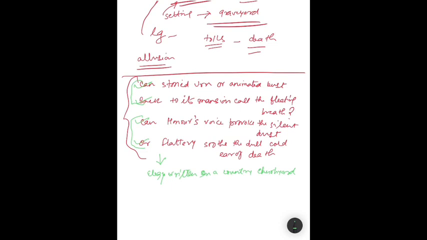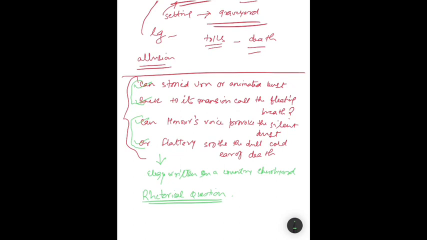In the first two lines and the last two lines, we have a device which is called rhetorical question. It's a figure of speech. A question is asked not to get the answer, but to tell the answer. And it's always negative. Can storied urn or animated bust back to its mansion call the fleeting breath?